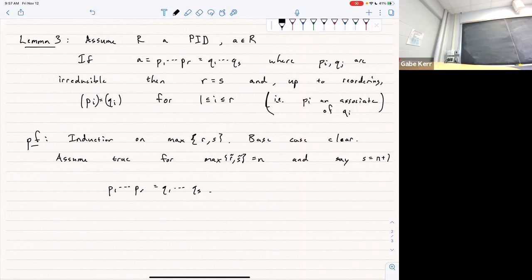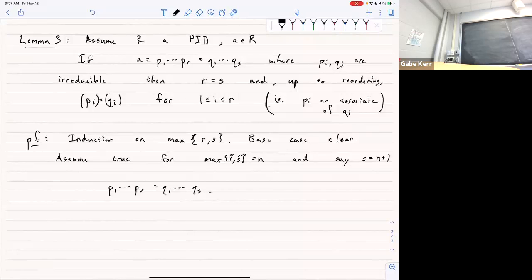How could we take this S, which is n+1, down to a statement about something? I don't think we're allowed to divide, but you could divide by QS. You're not allowed to, but you want to do that. You could do that if you knew that one of those Qi's was like one of the P's. If you do that, you have cancellation. You're in a domain, so cancel out.